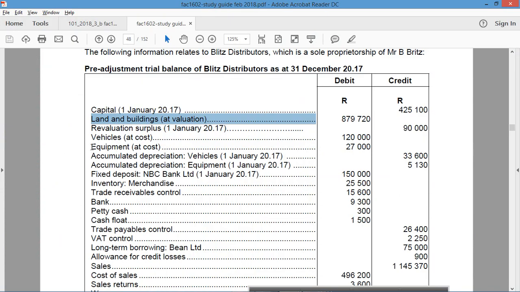Then revaluation surplus. Okay, what is it? Isn't that how much extra you got on your capital? Almost. It's a revaluation that would have been done on an asset. So assets generally get revalued, depending on how long they've been used, their age.